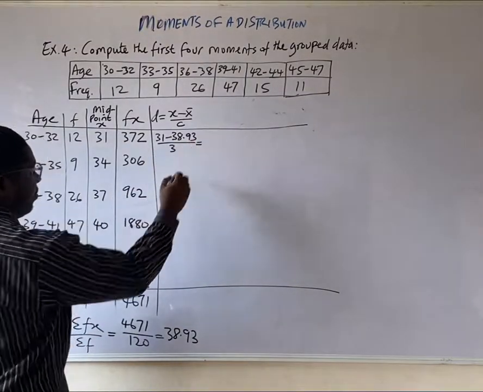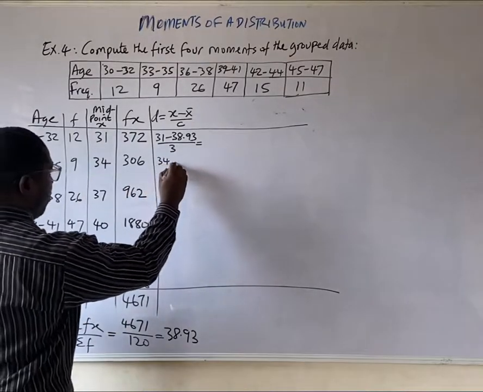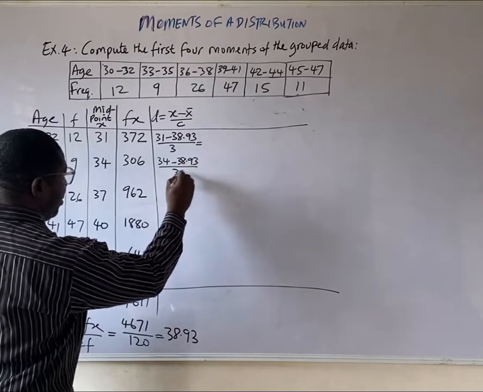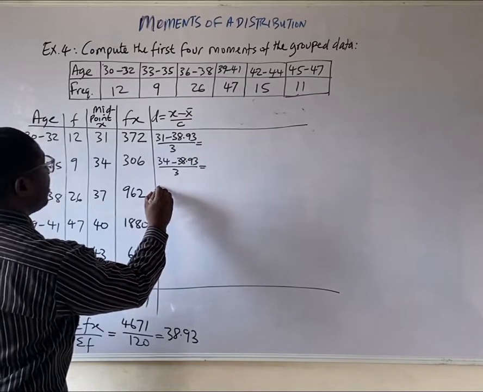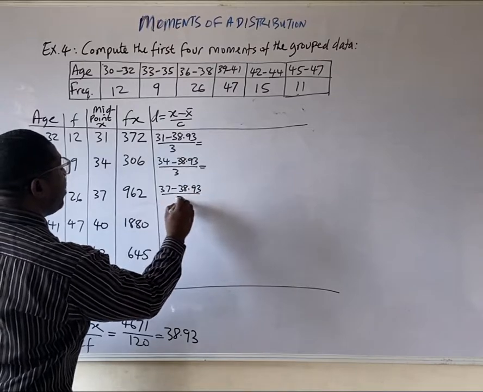We'll find the value of this. The next one is 34 minus 38.93 all over 3. We'll find the answer to that. Next one is 37 minus 38.93 all over 3.